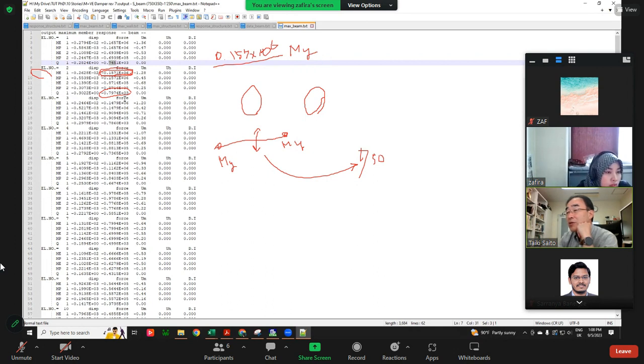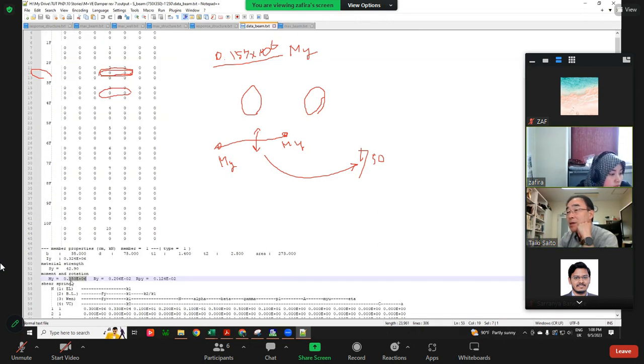But the previous data you showed me, My is not this value. Why is My different? This is the result after pushover, but my understanding is that data beam is the maximum capacity of the beam.